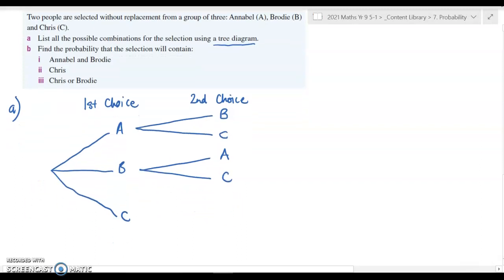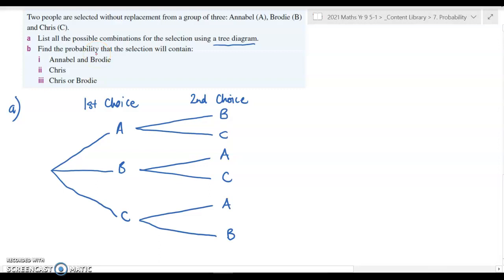And similarly, if I've already chosen C, then I have A and B to choose from. So that's the tree diagram.